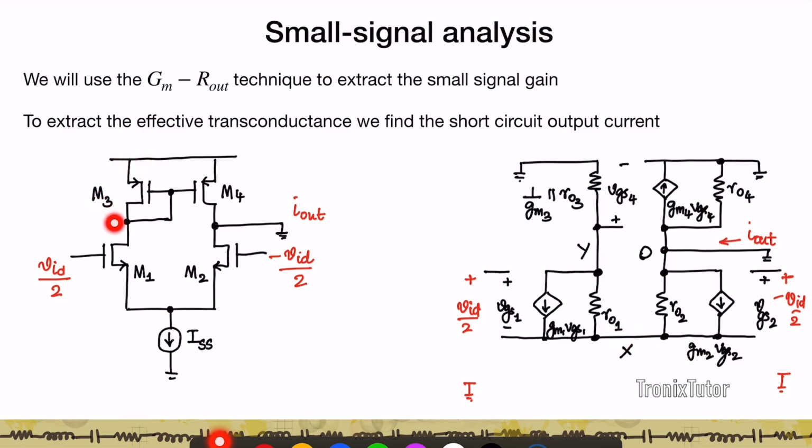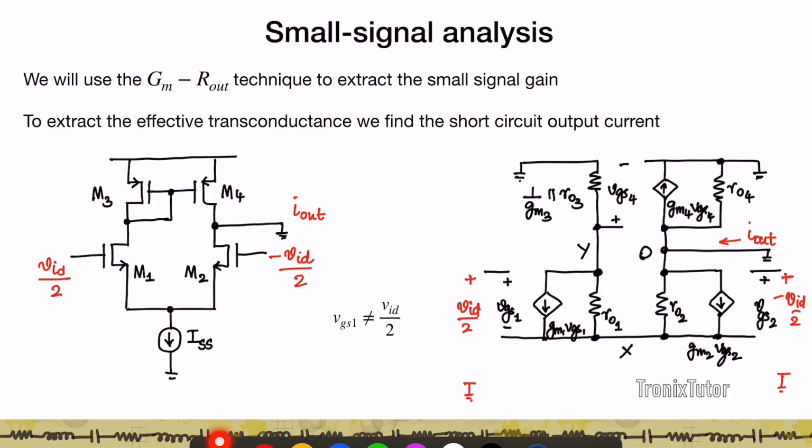Second, because M3 is connected in a diode fashion, I have replaced M3 with a resistor whose resistance is given by 1 by GM3 parallel RO3. And the gate voltage of M3 and the gate voltage of M4 are equal; in this case, we have taken it to be VGS4. Also, this input voltage VID by 2 is applied between the gate and ground.